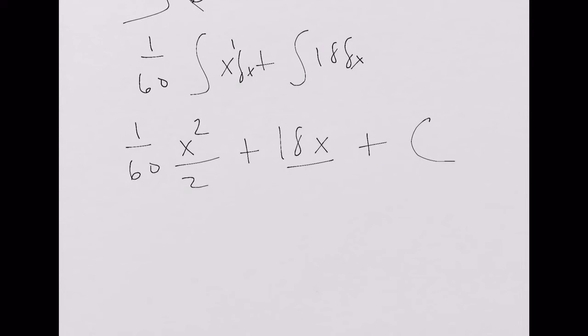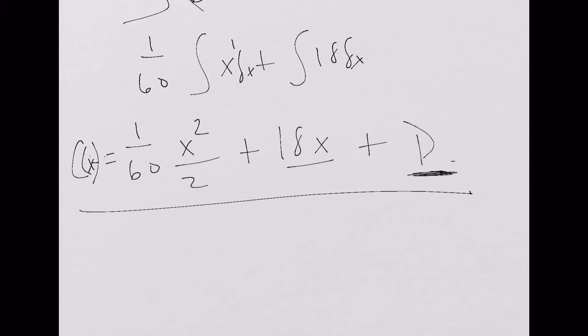If I have a marginal cost, a derivative of a cost, this is just becoming my cost function. Again, that c is just some arbitrary constant. I'm going to call it d for a second, just because I don't have the same variable. So I'm going to call it d, just some constant. And so here's my cost function.